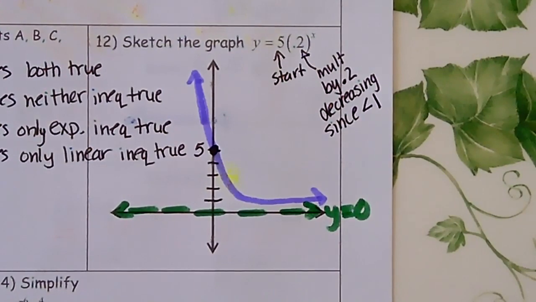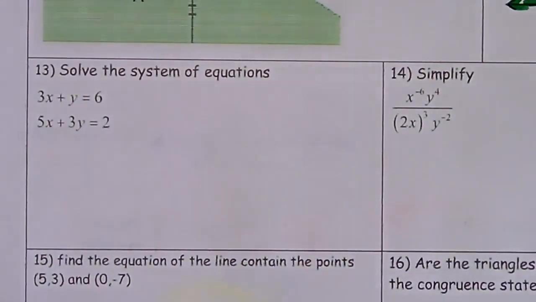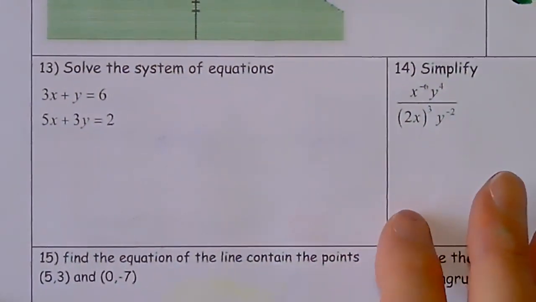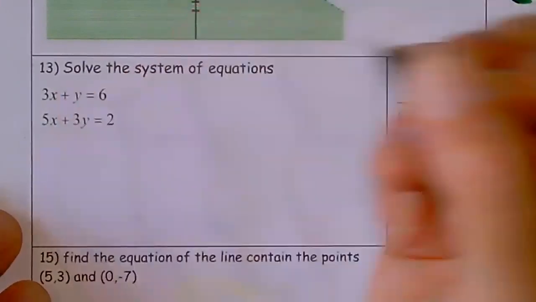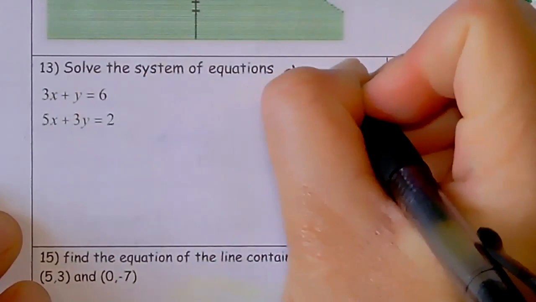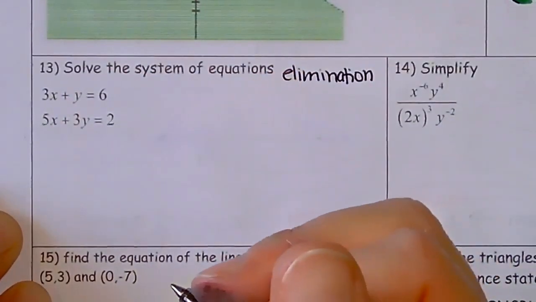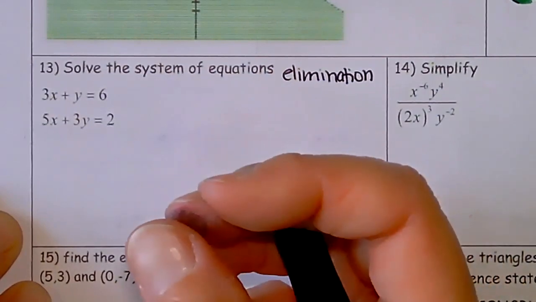Okay, on number 13. Number 13, we have a system of equations. These ones we have to solve algebraically. And these are both in standard form. So we're going to use what we call elimination. That's where you want to try to eliminate either your x's or your y's by adding the equations.